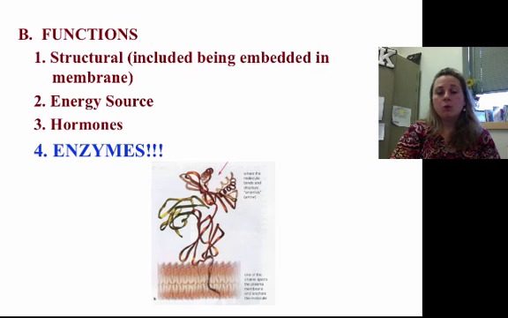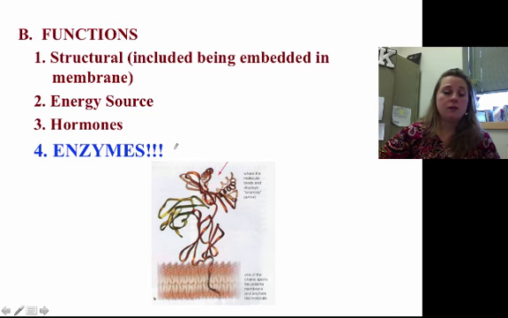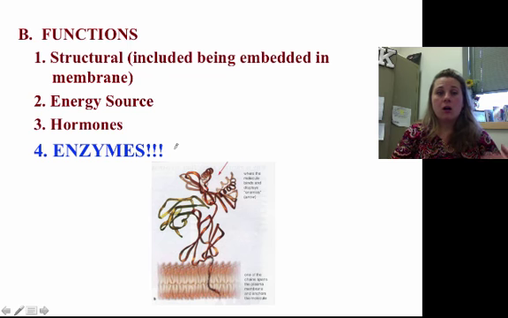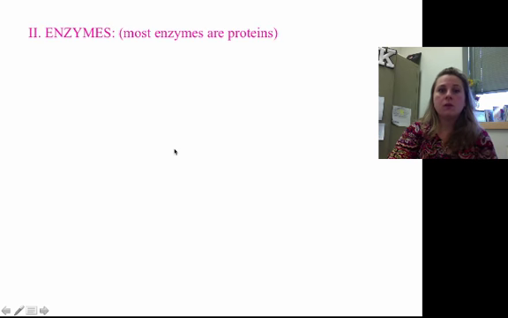And lastly, what we're going to focus on are enzymes. Enzymes are our biological catalysts. This is a pretty key piece here. These guys are really, really important, and I can't stress enough how big of a deal enzymes are. Our reactions don't happen without them. So let's take a look at what enzymes are.